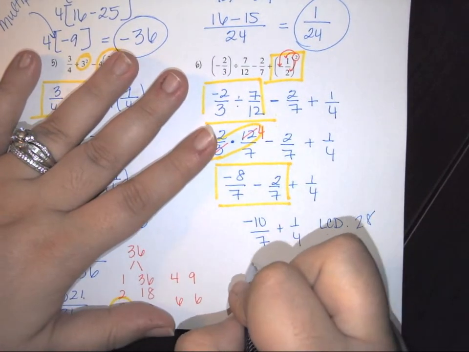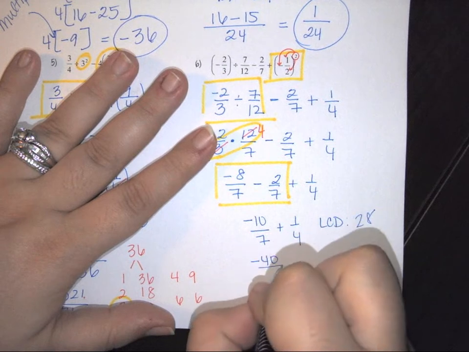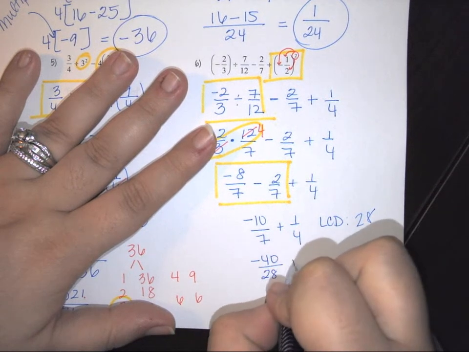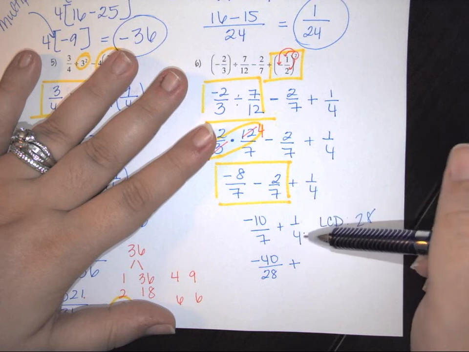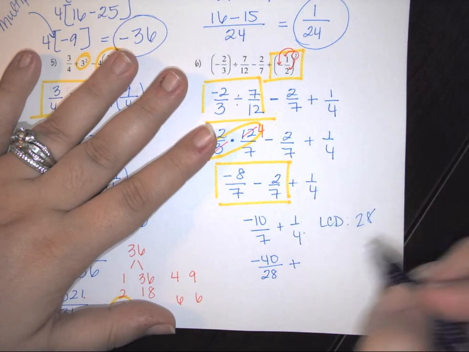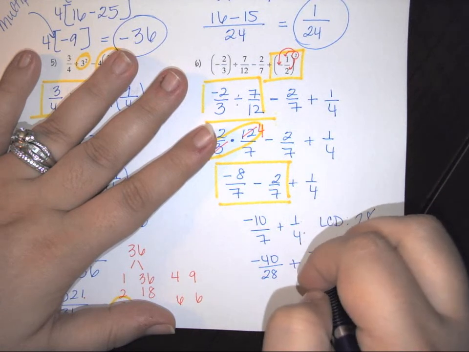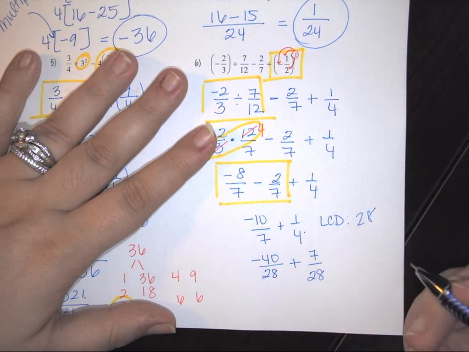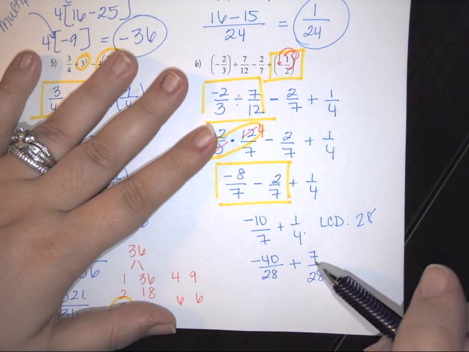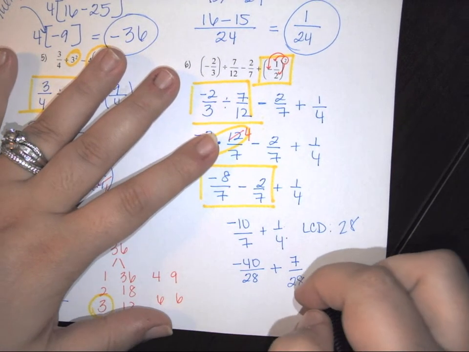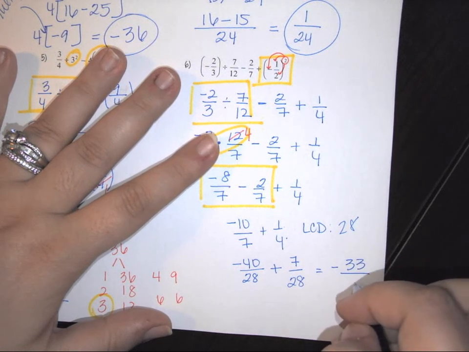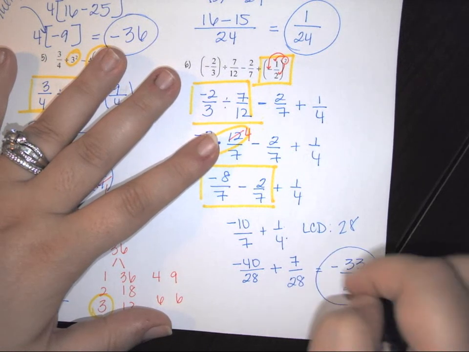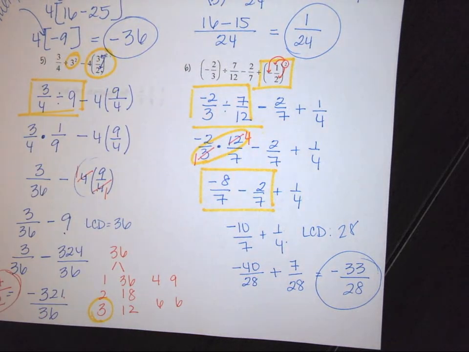So this becomes negative 40 over 28 plus, and on this other side, to turn 4 into 28, I have to multiply by 7. So this is 7 over 28. Negative 40 plus 7 gives me a negative 33 over 28, and thus I am reduced.